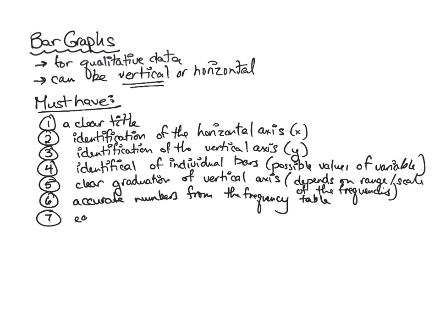You must have equal spacing between the bars, and this may seem unnecessary, but it really does skew someone's reading of the graph if they're not spaced equally, because it looks like something's missing.